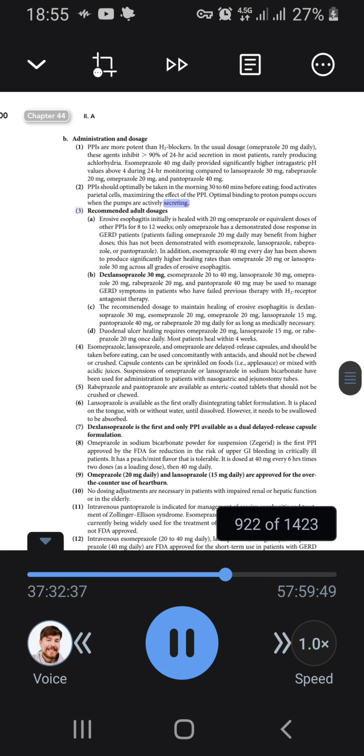3. Recommended adult dosages. Erosive esophagitis initially is healed with 20 mg omeprazole or equivalent doses of other PPIs for 8 to 12 weeks.